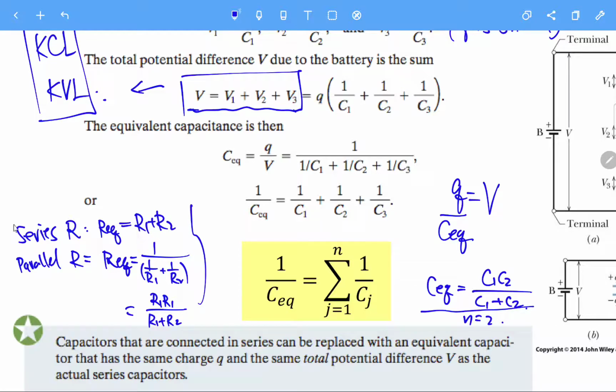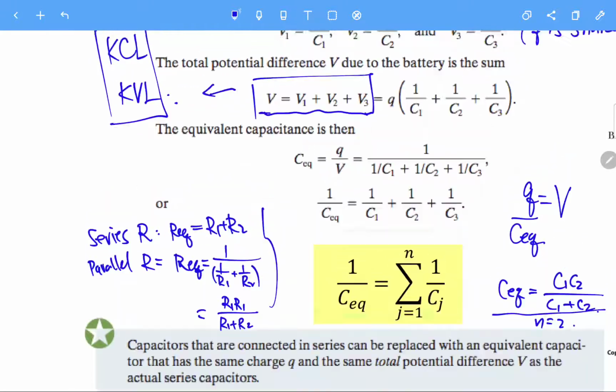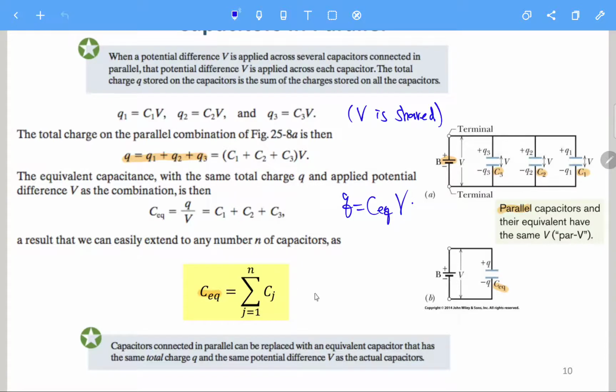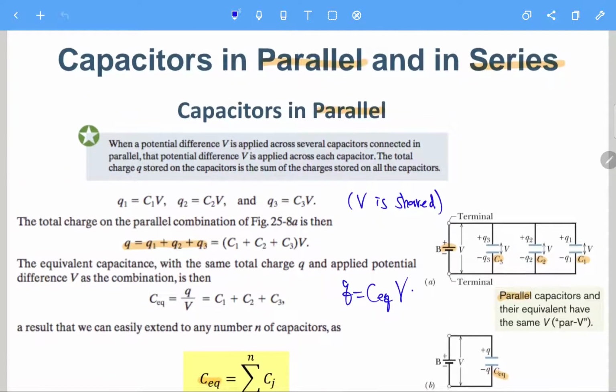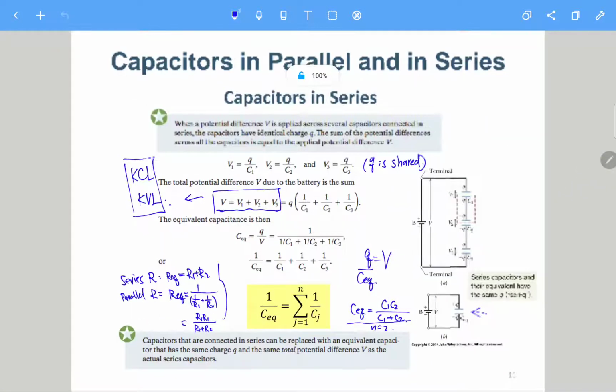Simple addition for series R, but here simple addition for parallel C. For parallel C, we can simply add them together. But for series capacitance, we need to take the inverse, add them together, and take the inverse again. For parallel R, we take the inverse of the resistance, add them together, and then take the inverse again. So this is series and parallel capacitance.